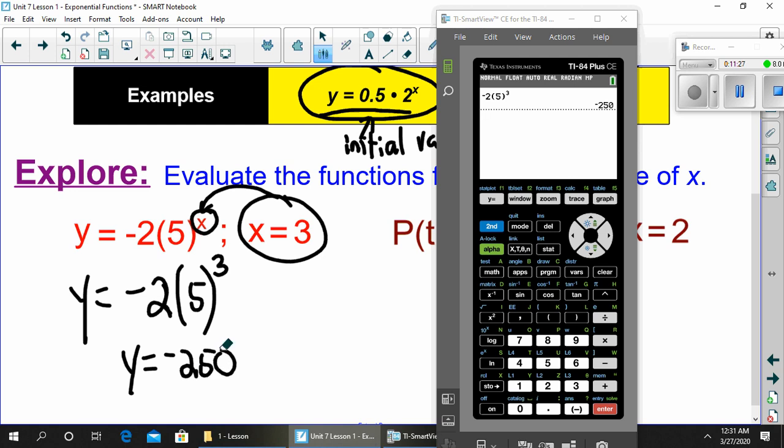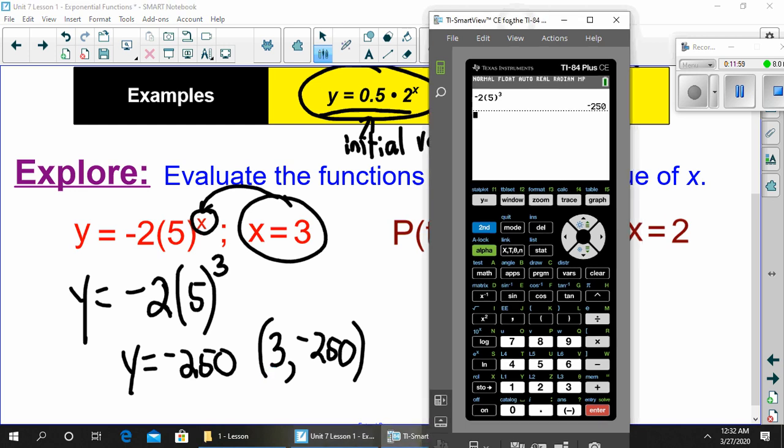That means when x is 3, y equals -250. You actually just found out what the coordinate is when x is 3. Remember, it's a function. So you input an x, you get a y in return. If you graphed it on the graphing calculator and pressed second table, which is what we're going to do next, you could get that -250.